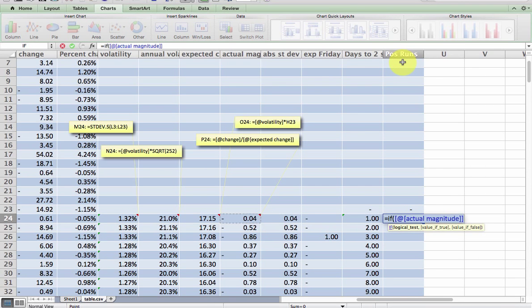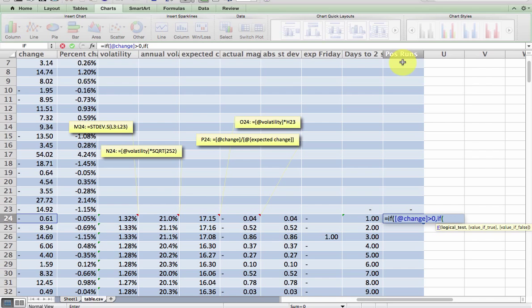If this actual change is greater than 0, and we're going to ignore the days when it's actually 0, we're just going to leave those out, what we want to do is see if this is the first day it's greater than 0 after one or more negative days. So when it's greater than 0, I want to look and see what is right above it.